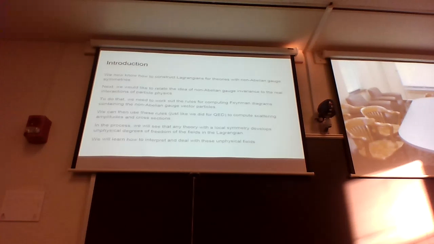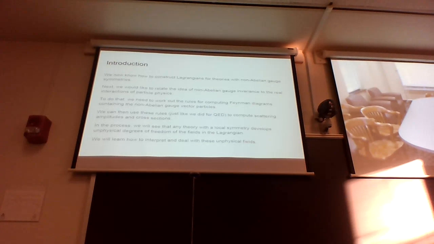And then you can use those rules exactly like we did in QED. You'll see that there are just a couple of extra vertices you have to throw in, because now the gauge bosons interact with themselves. That means there are going to be more diagrams when you compute a particular process.